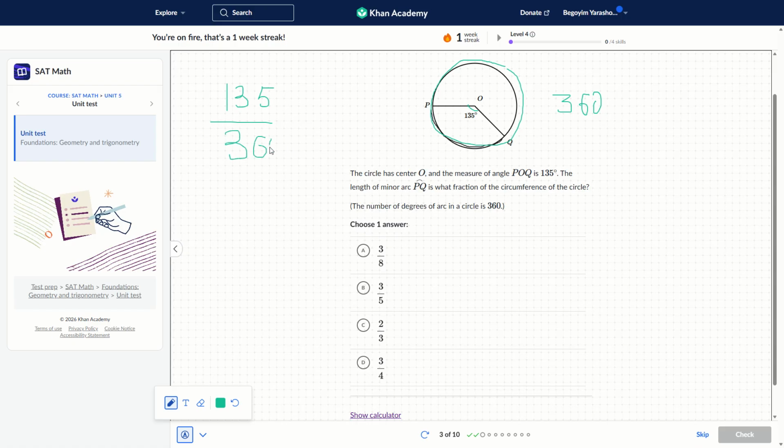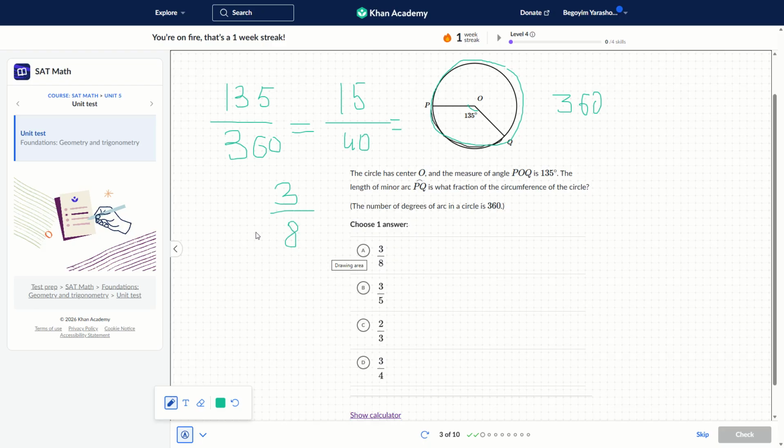It would be made like this. If we divide both sides by maybe 9, okay, let's try. It would be 15 and 40. We can also divide by 5. It would be 3 and 5.